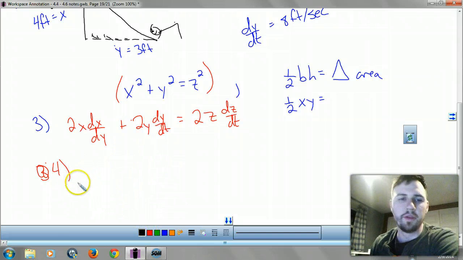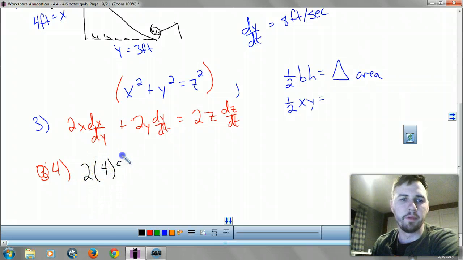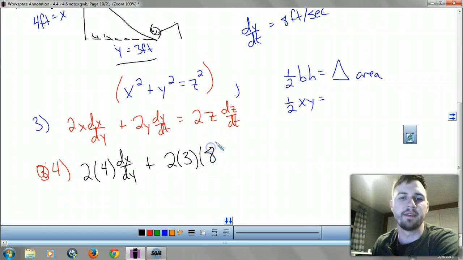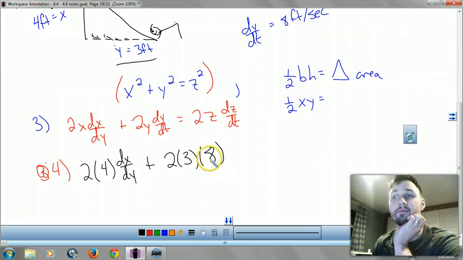Well, we know x is 4. But we don't know what the change in x is. We know y is 3. We know our change in y is 8 feet per second.